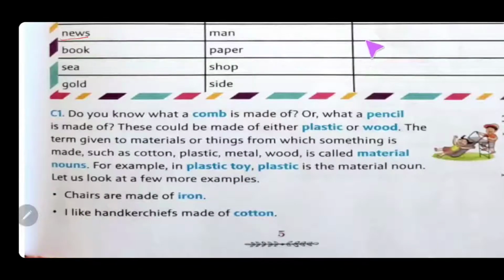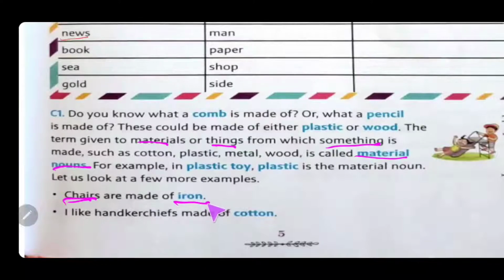Chairs are made of iron, right? So here, iron is a material or a thing from which something like a chair is made. So iron is a material noun. What is iron?